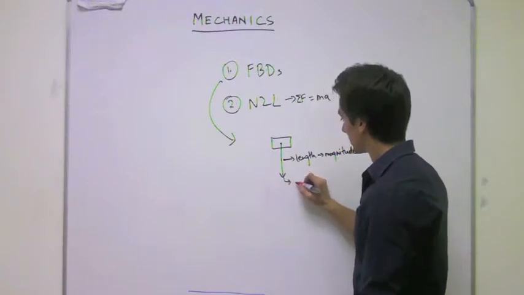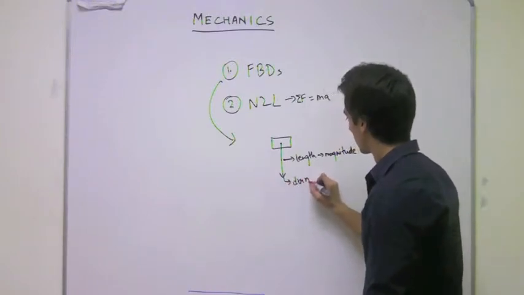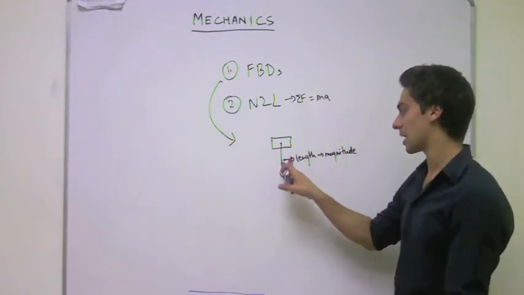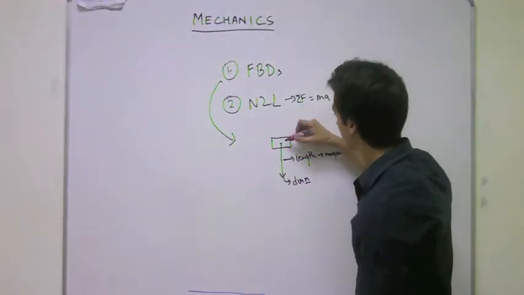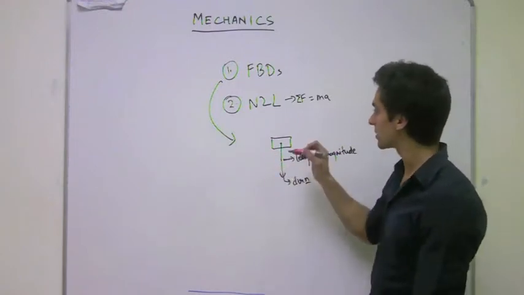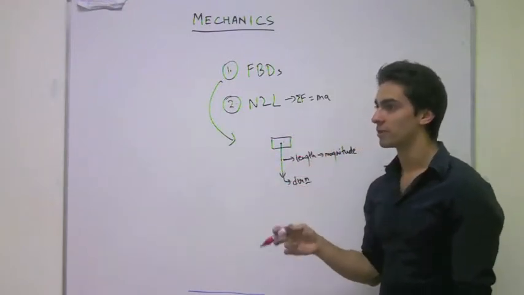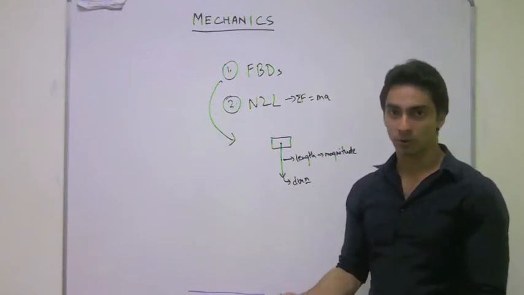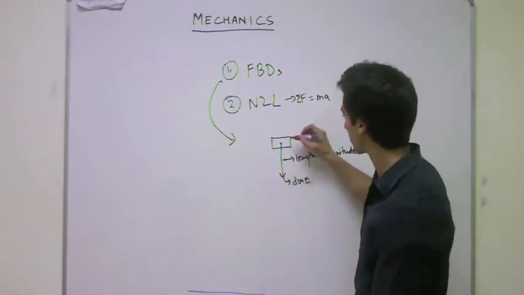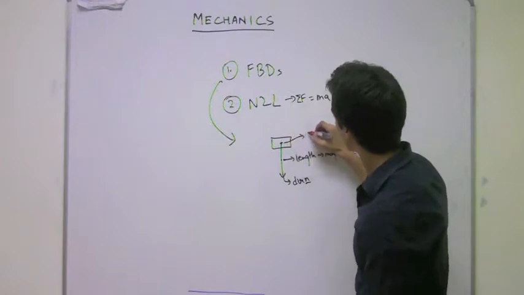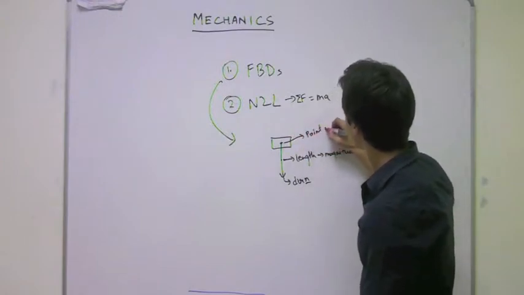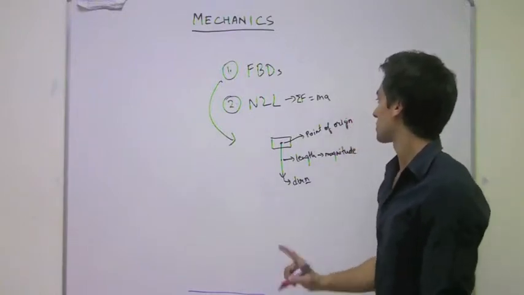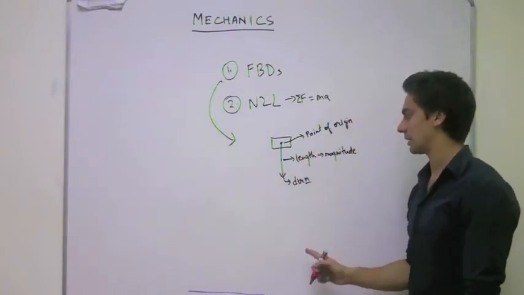Two, the direction must be represented correctly. And three, which is not as important as the first two, but matters if there is an exam question specifically about free body diagrams, the point of origin must be accurate. So those are three important features of a free body diagram.